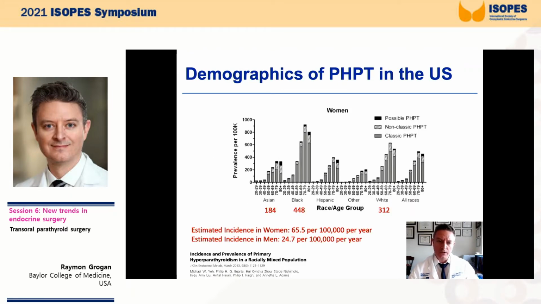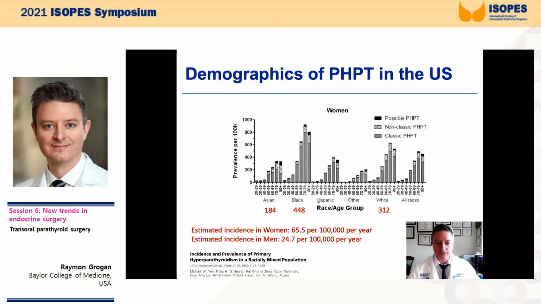So now that we know how to work these patients up and how to treat them, let's talk a little bit about the demographics of hyperparathyroidism. In the United States, you can see here the prevalence and the incidence of primary hyperparathyroidism. This is taken from a paper published in 2013, looking at a population-level database in California, which is a multi-ethnic group of people.